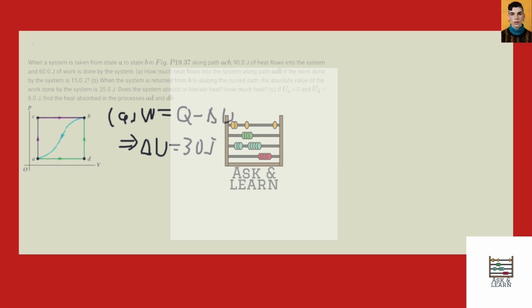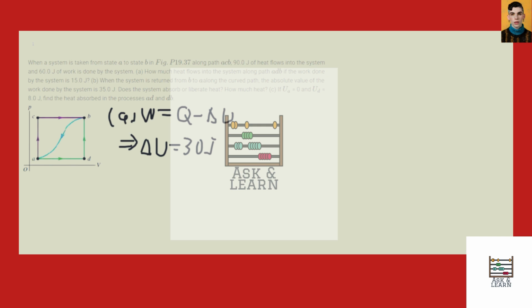So for part A, we want to figure out the heat flow into the system along the path ADB, along this one. Although the path is different from ACB, the change in internal energy is the same for these two paths.